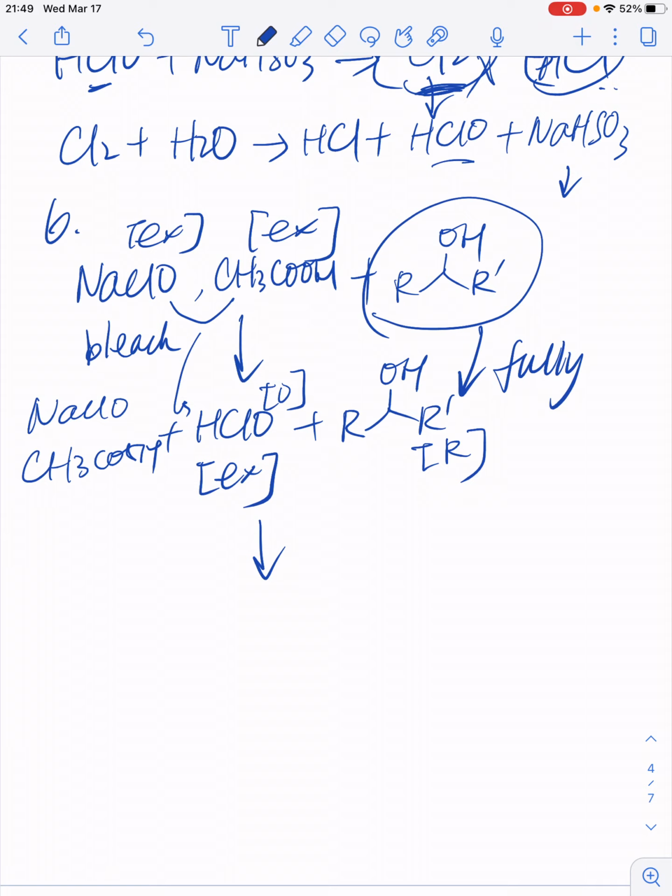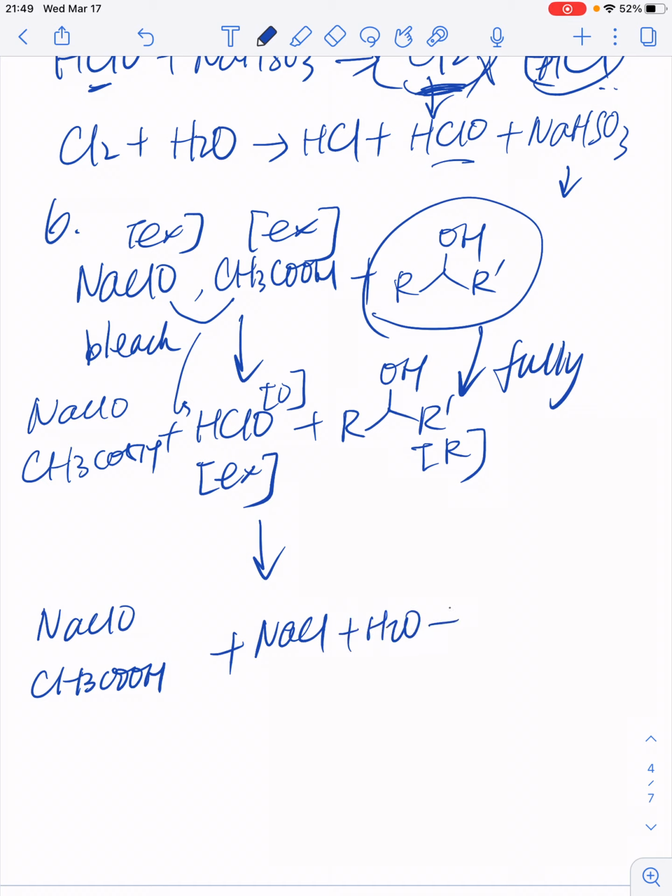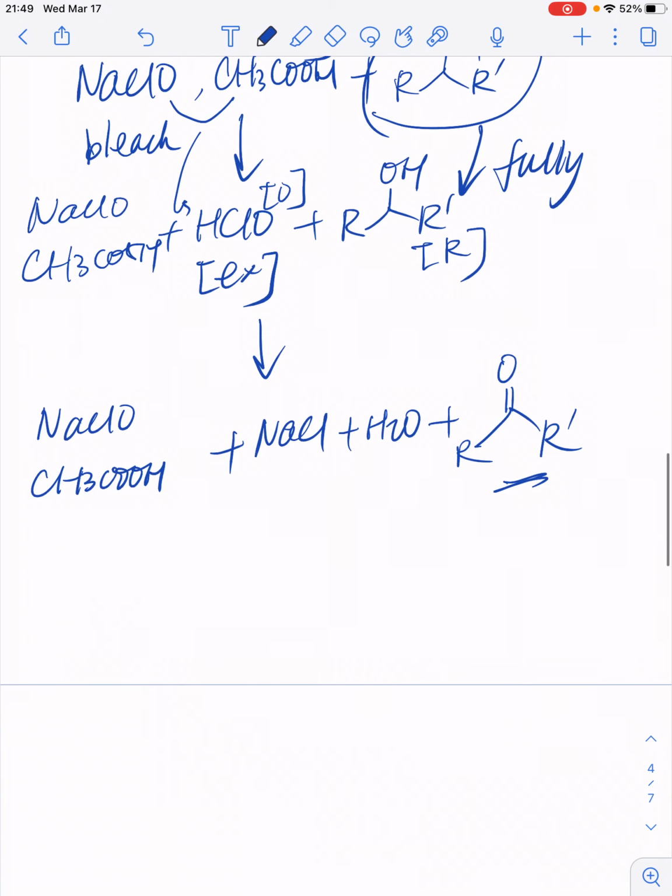The redox reaction is going to happen, right? At the same time, there is some excess that didn't react. So it's going to form the byproduct, water, and the desired product, which is the aldehyde or ketone, from the redox reaction.